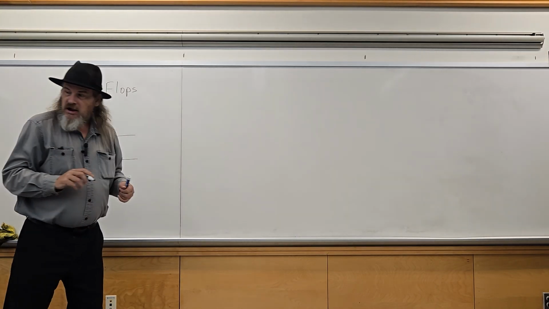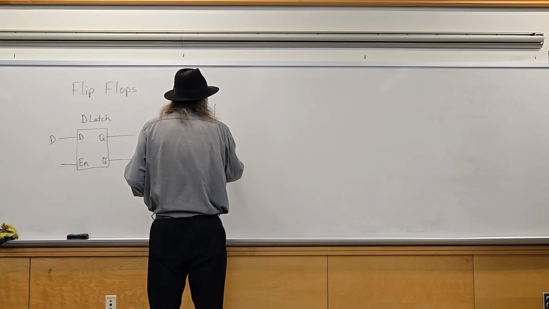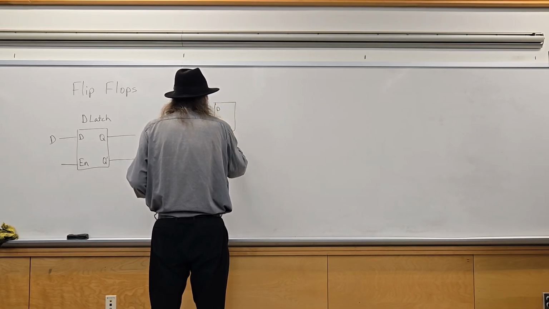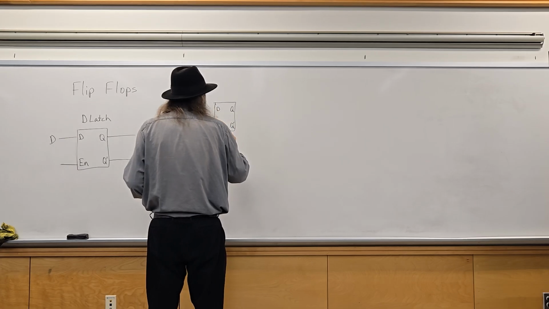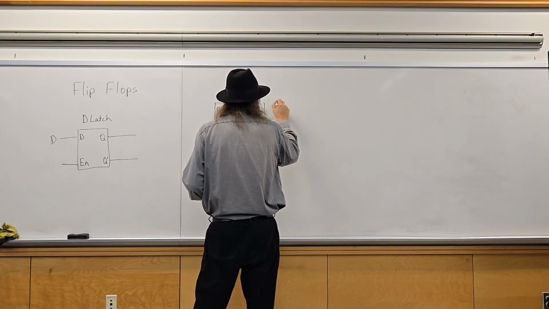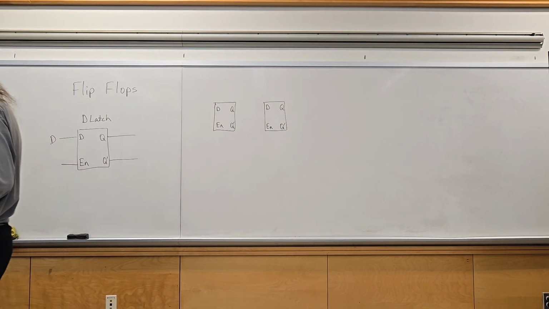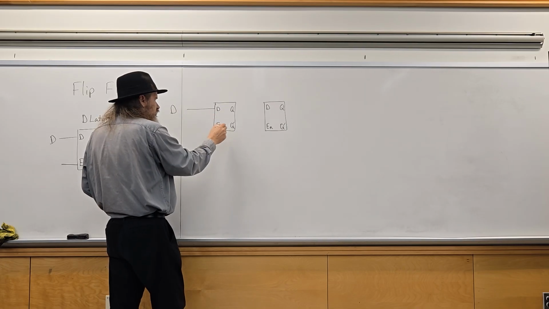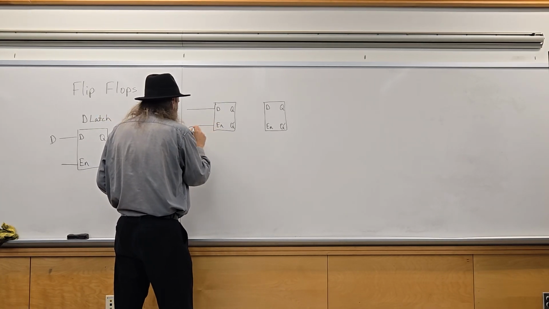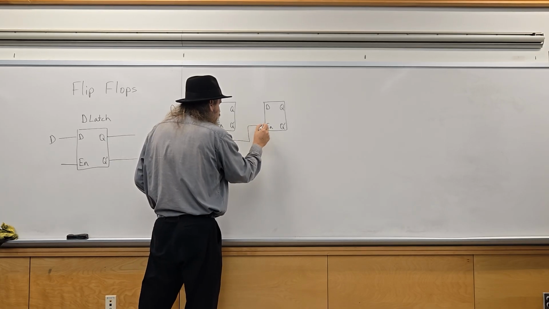So a negative edge triggered D-type flip-flop is made up of two D latches, and they are linked together with the D input going into the first, and the clock going into the first enable and then going through an inverter and going to the second enable.